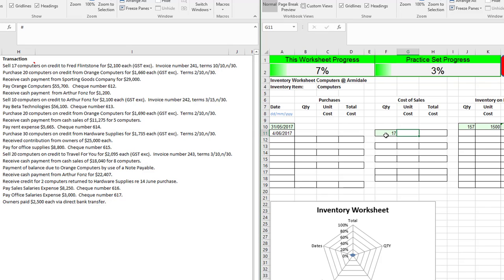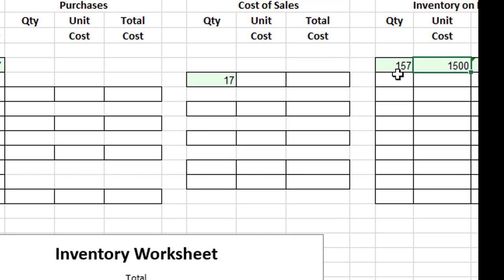We go by seeing the inventory we have on hand. We're using an average cost system. We have 157 units with a total cost of $235,500. So that's an average cost of $1,500 each.